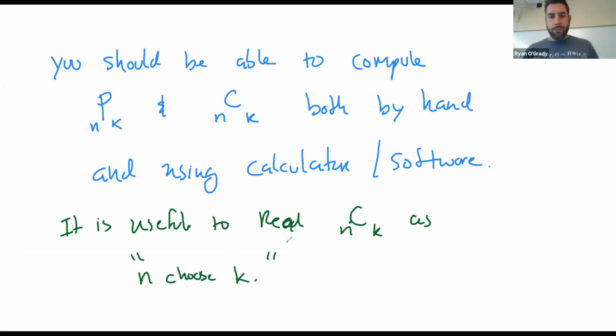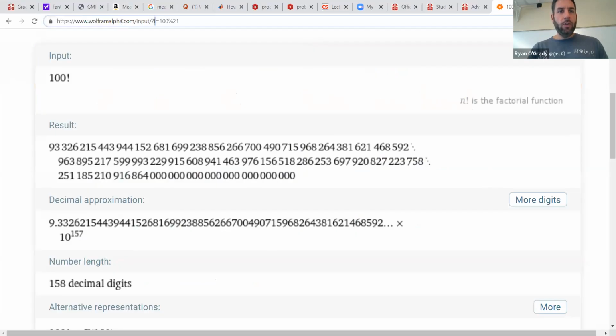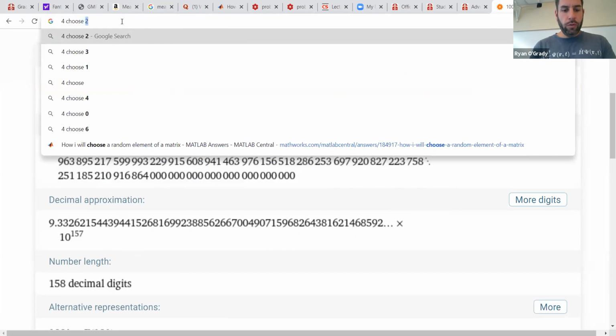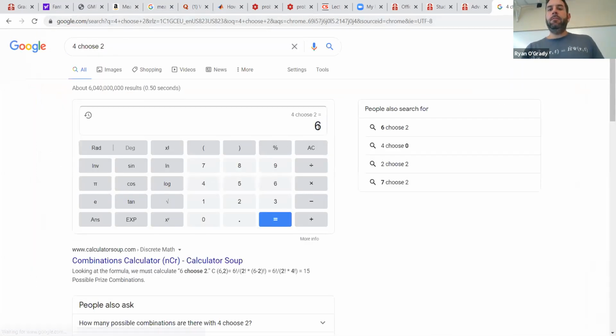So for example, if I go to the Google machine and I type 4 choose 2, it's going to spit out 6, as we saw, because that was half. Does that make sense? Or half of the 12.